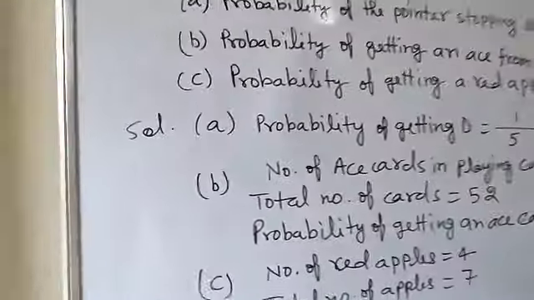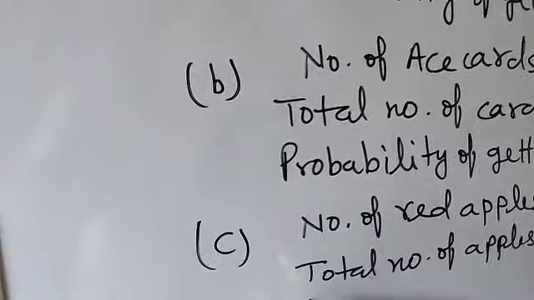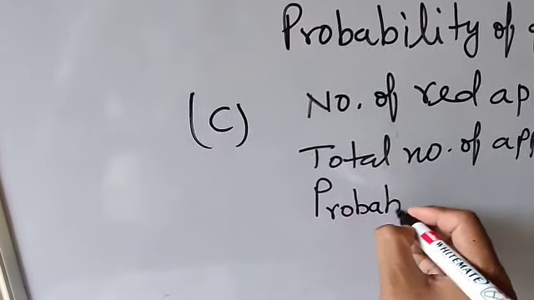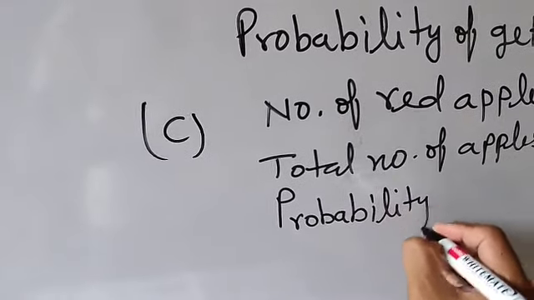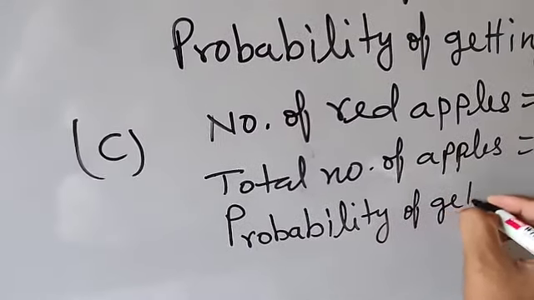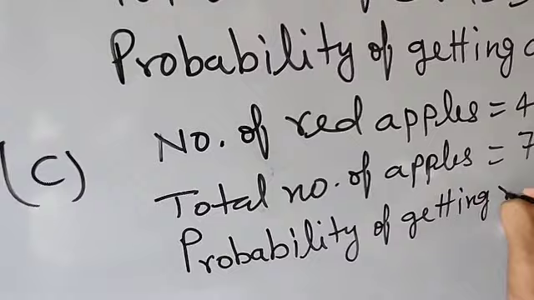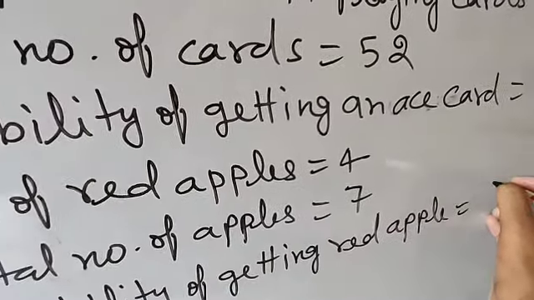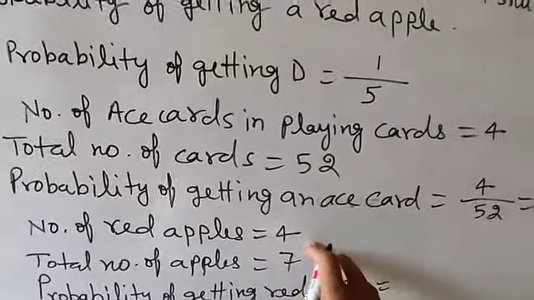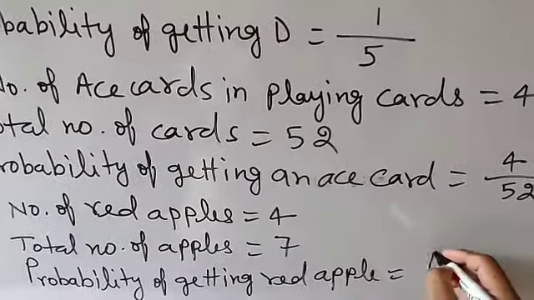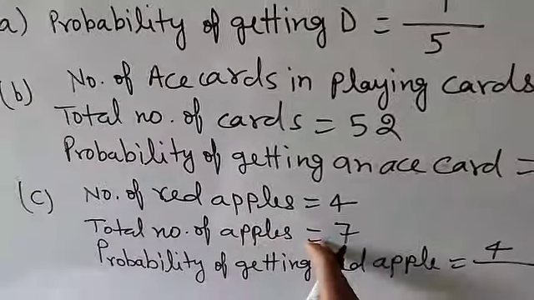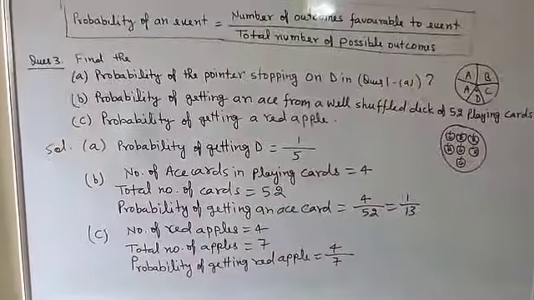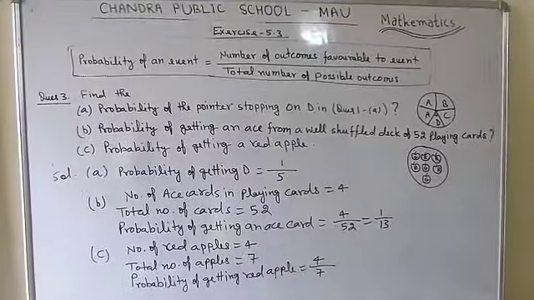So probability of getting a red apple is equal to number of favorable outcomes. It means red apples are 4 upon total number of apples 7. So 4 upon 7. So that is the solution of the question number 3.